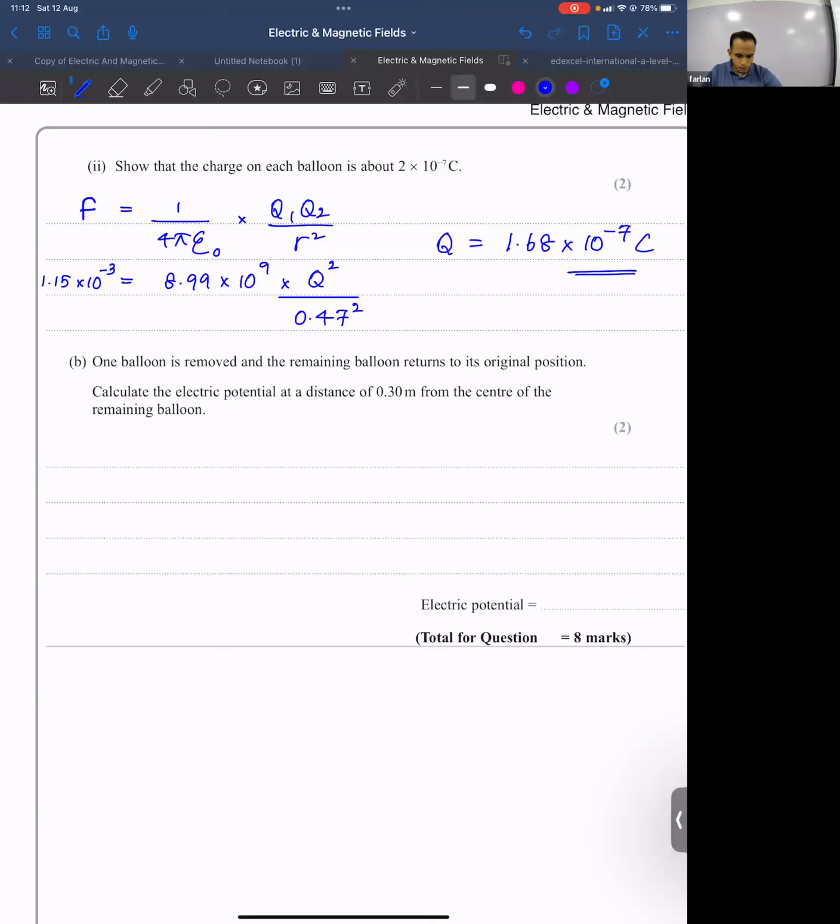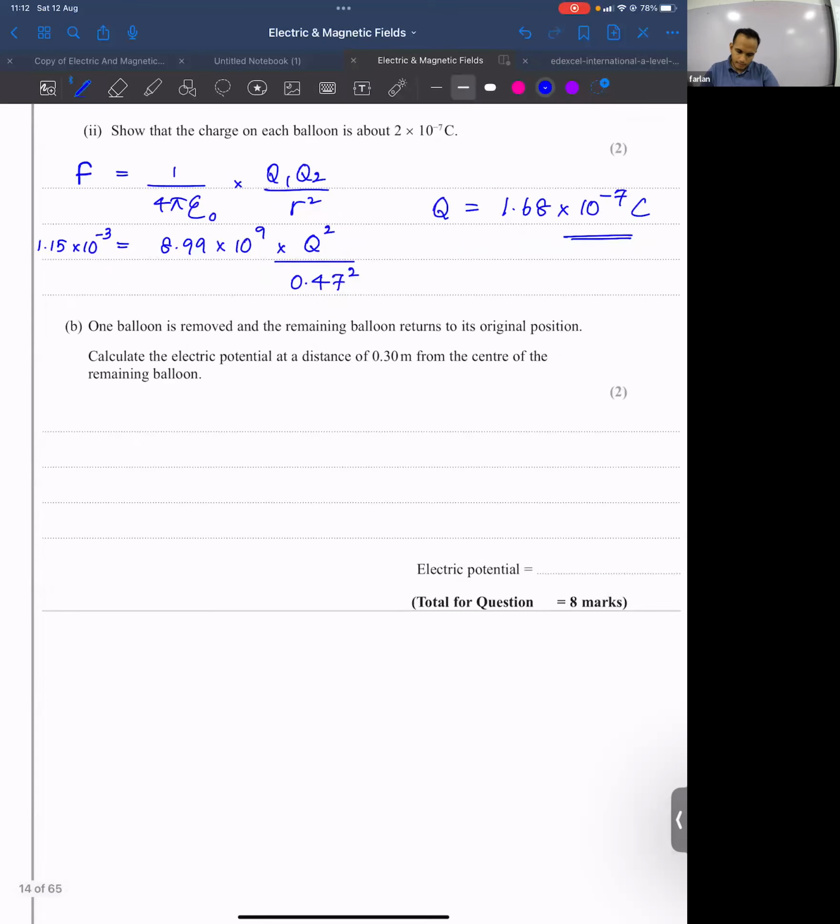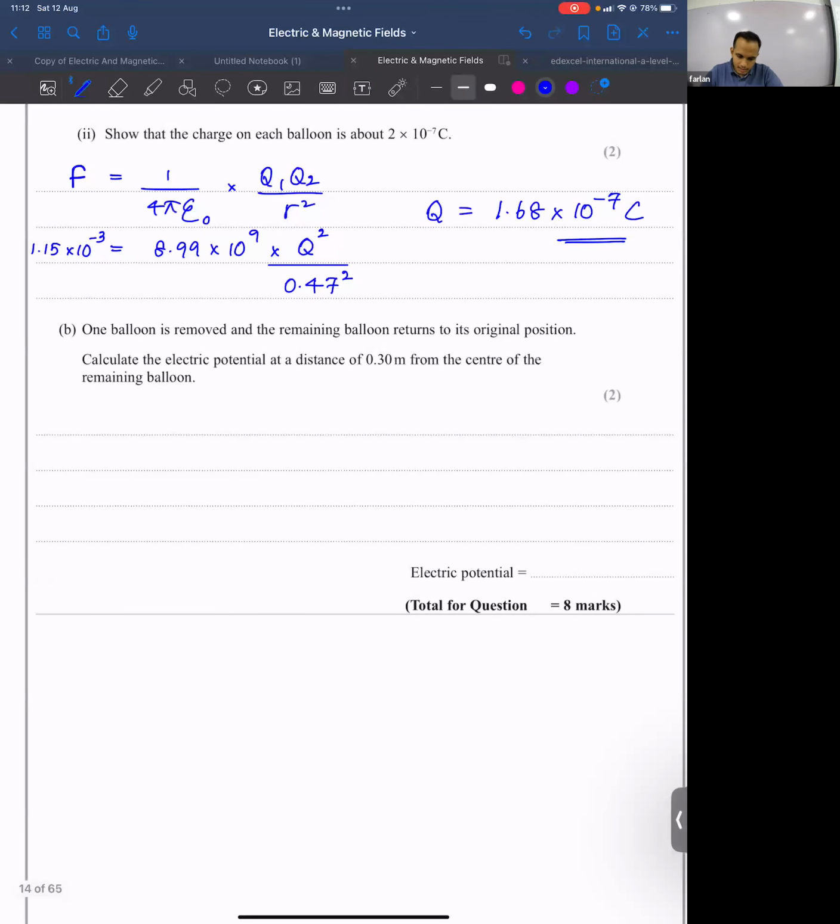Right. The next one is so easy. One balloon is removed and the remaining balloon returns to its original position. Calculate the electric potential at a distance of 0.3 meters from the center of the remaining balloon. So just a matter of using the equation: 1 over 4 pi epsilon naught Q over R. Now the Q is 1.68 into 10 to the power minus 7 over R, which is 0.3 meters.